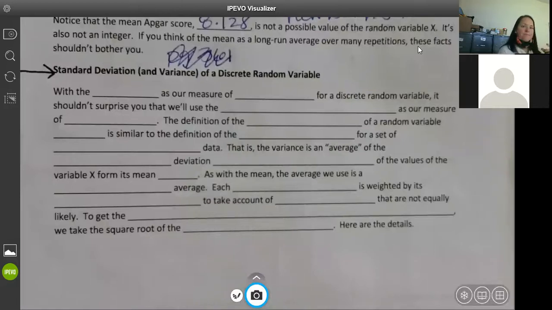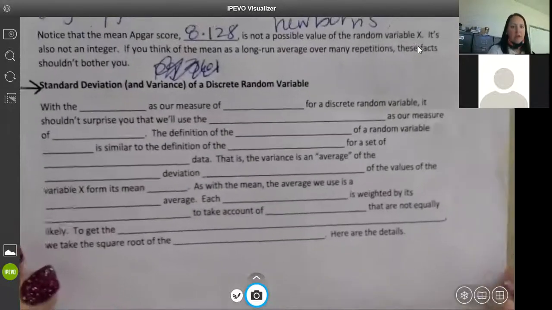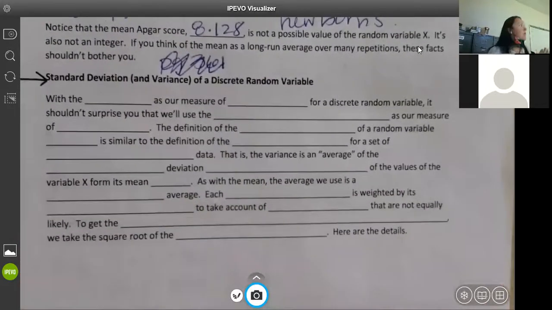All right. So standard deviation and variance of a discrete random variable. We're going to start there. And again, some of this stuff is going to repeat itself. Some of it's going to be kind of long to write, but there's nothing calculation-wise that's hard today.